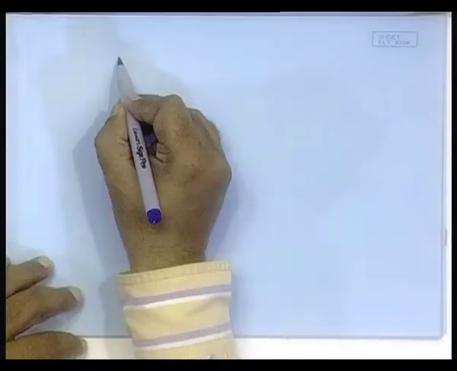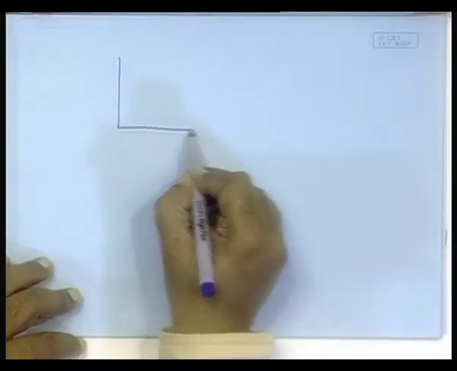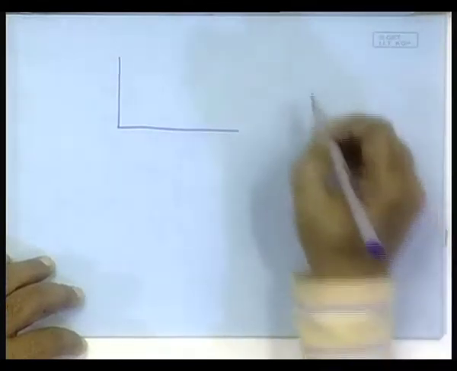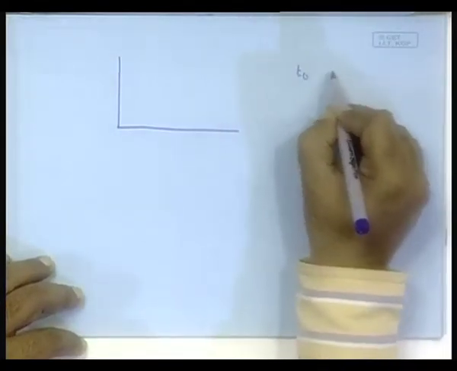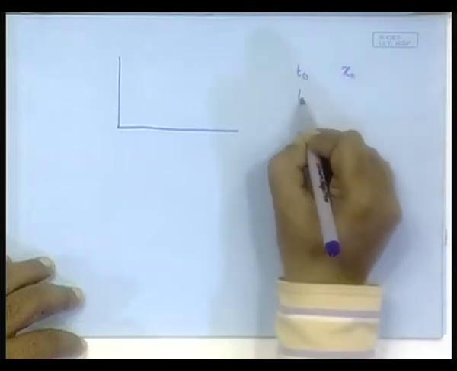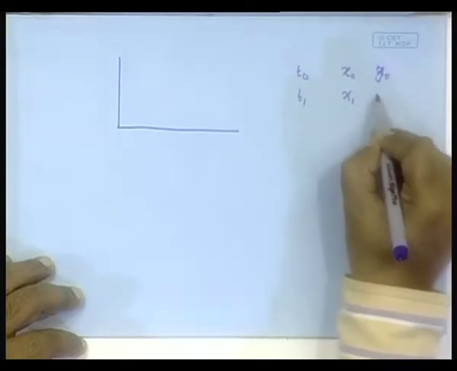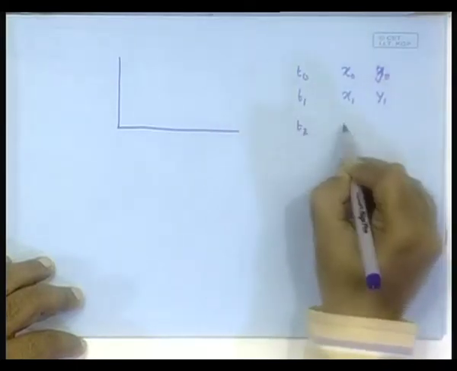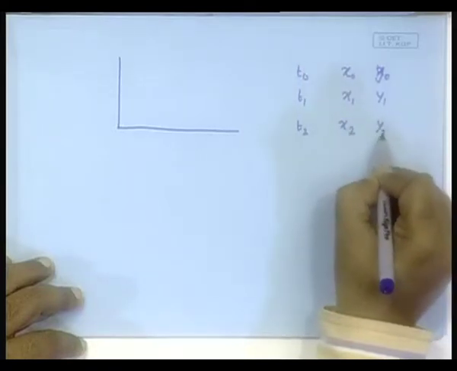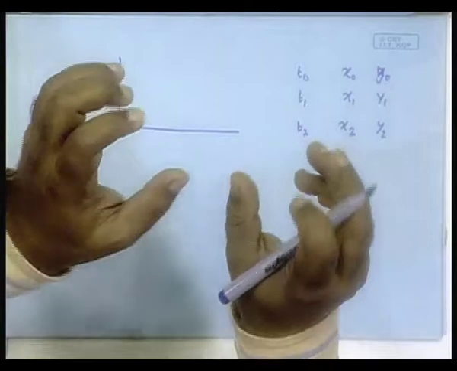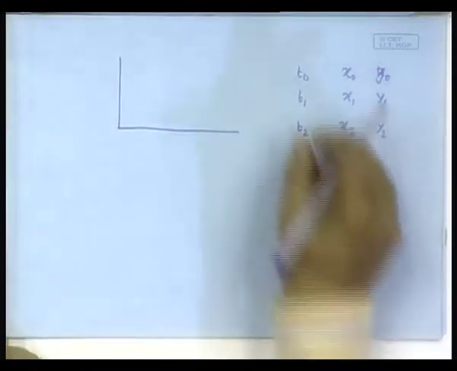The result of all this is that if you write down the solution programs, and start with some initial condition, then you would be able to get a result file that will be the T naught and the x naught, y naught, T 1, x 1, y 1, T 2, x 2, y 2, and so on and so forth. 3 columns, if it is a 2-dimensional system, you get 3 columns.